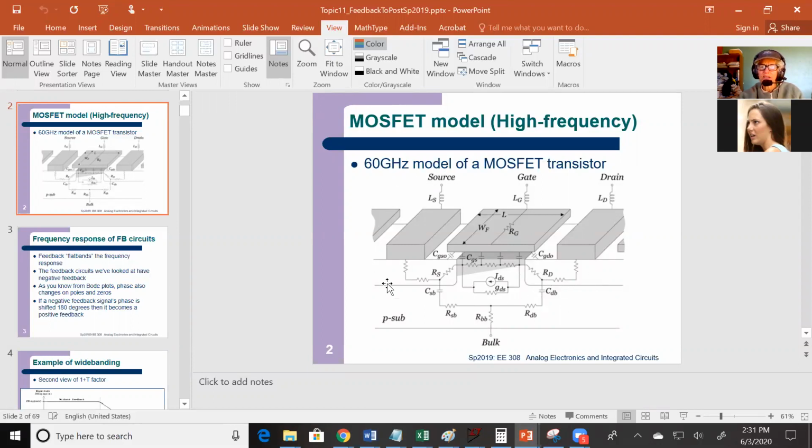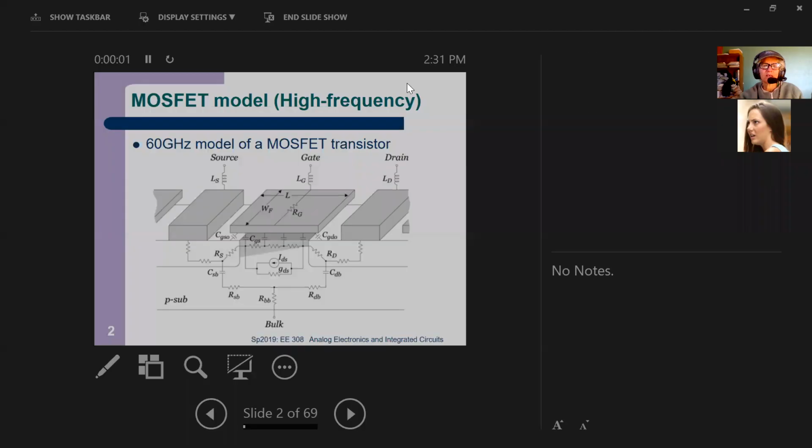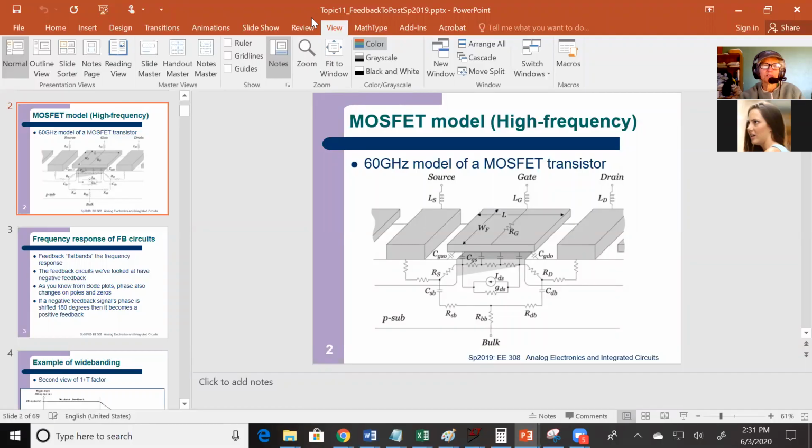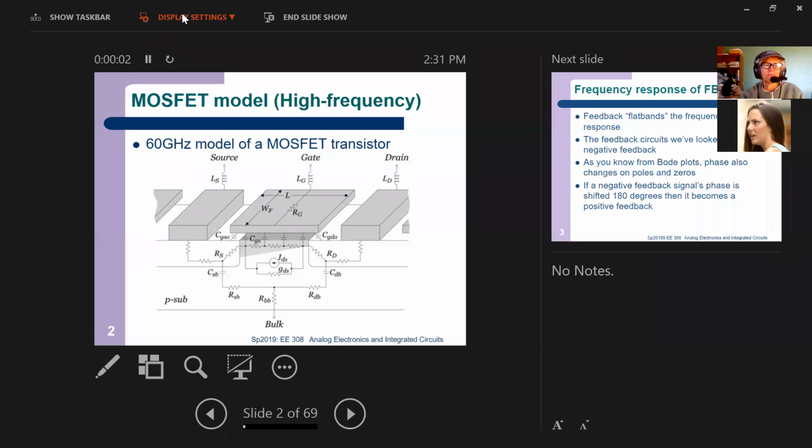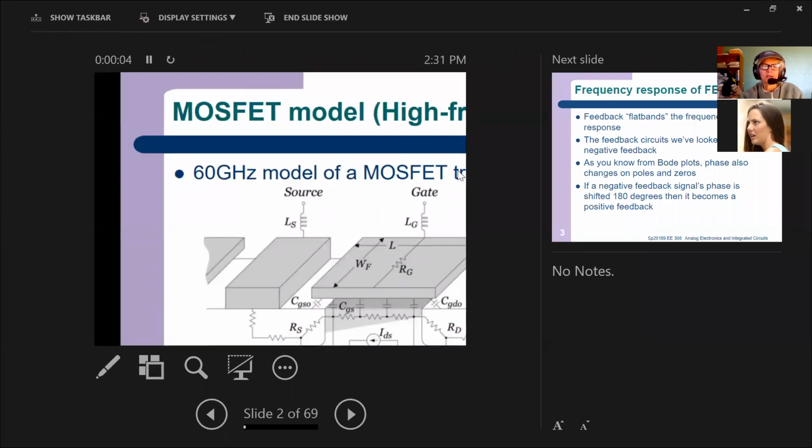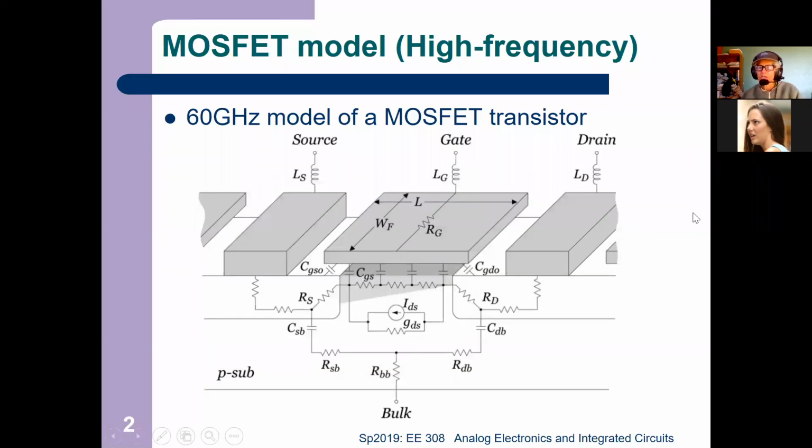And this is the model. I didn't have anything to do with it. I would love to take credit for it, but whoops, what did I do? I killed it. This is the model that we came up with. And we did all of our math using this model. So you've seen the small signal model with 2 resistors and 1 dependent current source.